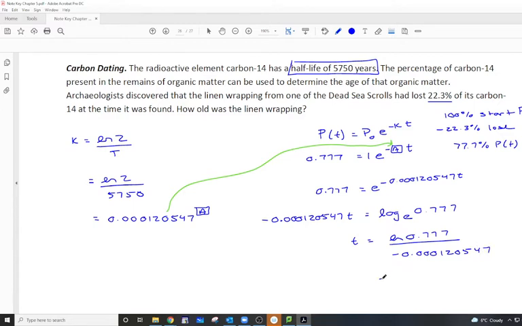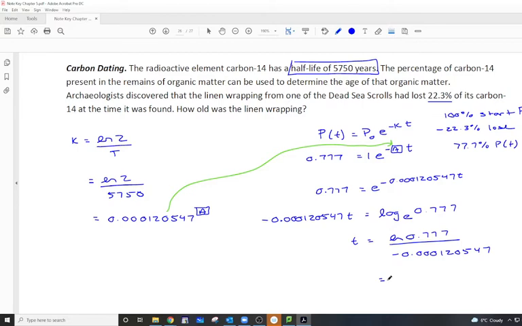120547. Now, I'm going to plug this into my calculator. Now for me, I stored that as A, or you could have it as your answer button, right? I'm going to type in the ln of 0.777 divided by, recall A, or that huge long number. Now, careful actually.